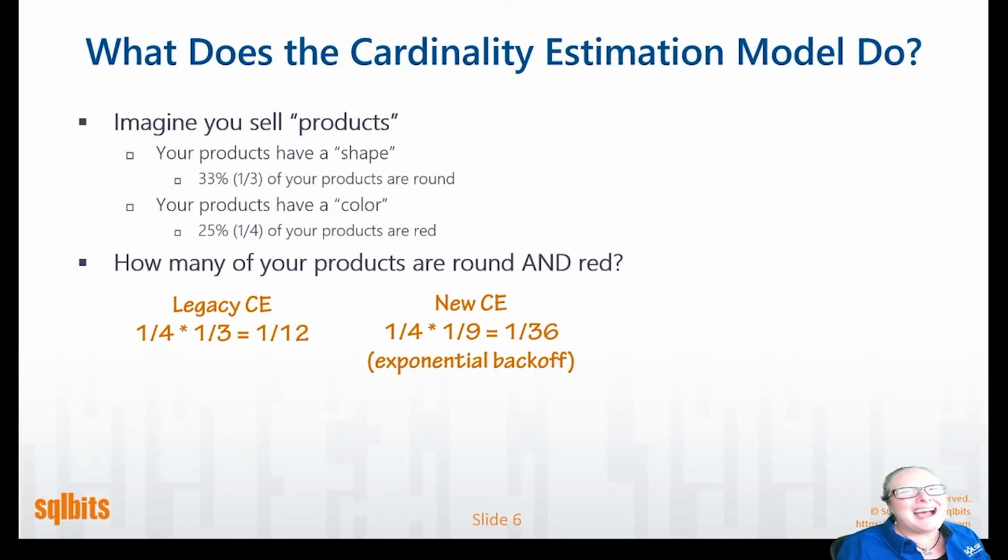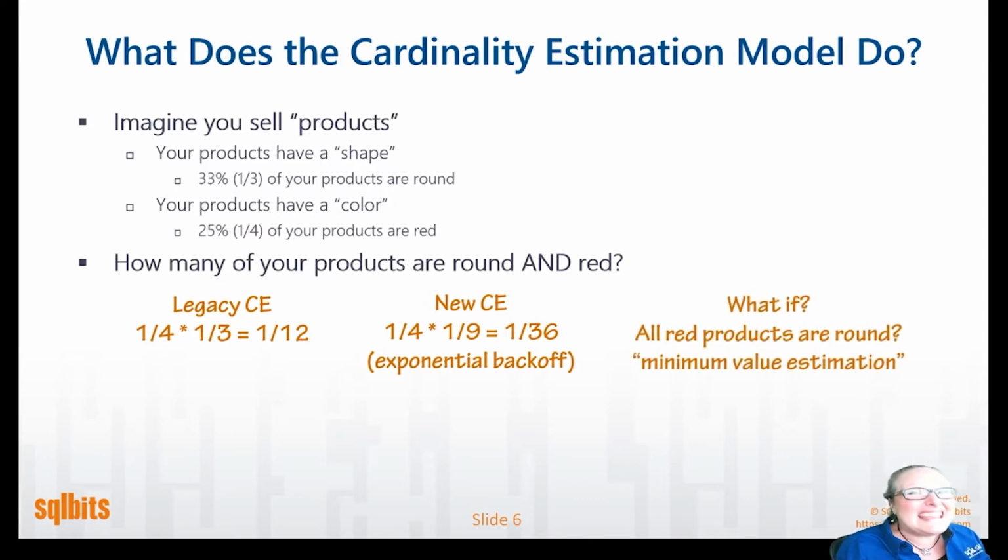In fact, I would even throw this out there. What if all of your red products are round? Like, think about that. Okay. If a quarter of our products are red, that means that there are a quarter red, a third round. So there's fewer red than round. But imagine that red products are round.